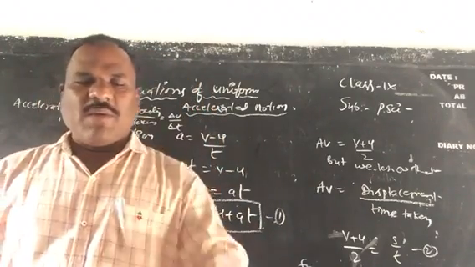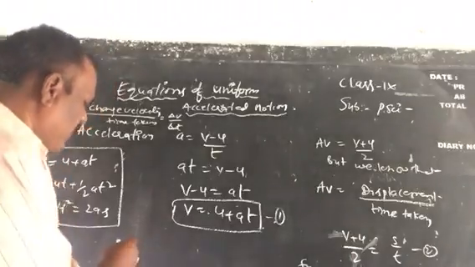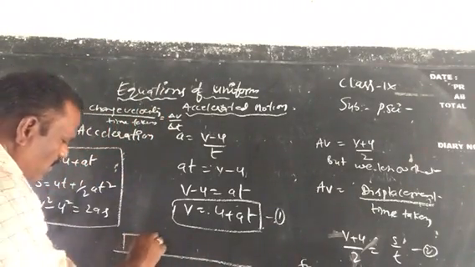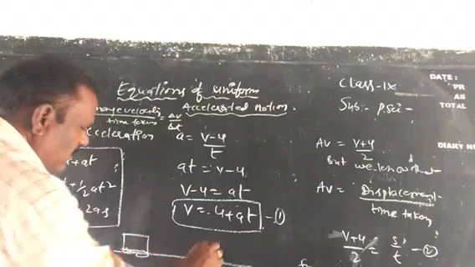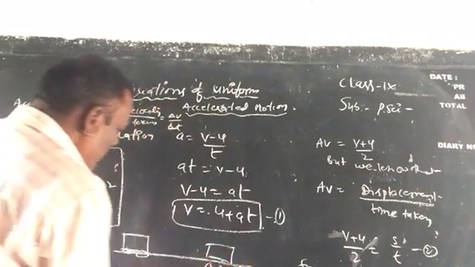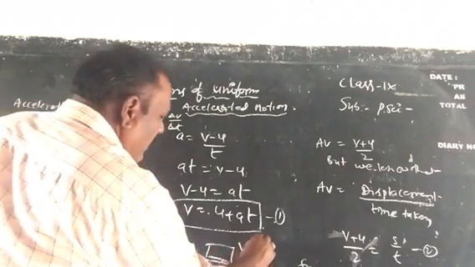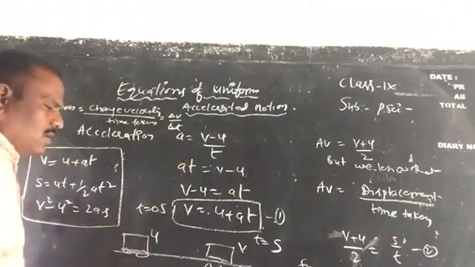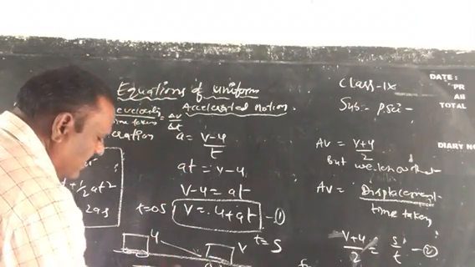As shown in the figure, for example, children, roughly we draw the figure. Here one object is at t equal to 0 seconds with velocity u, and at time t with velocity v. This is the displacement.